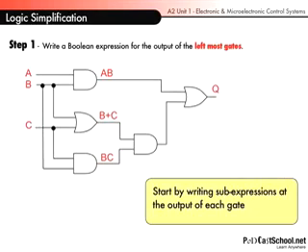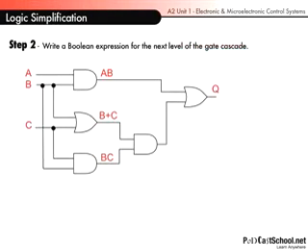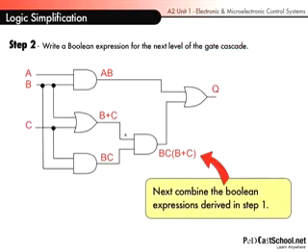Step 2 is to write a sub-expression at the output of the next set of gates. In this case we only have one, and that's that AND gate. So therefore it's BC times (B or C), BC and B or C. That's just the combination of the stage before.